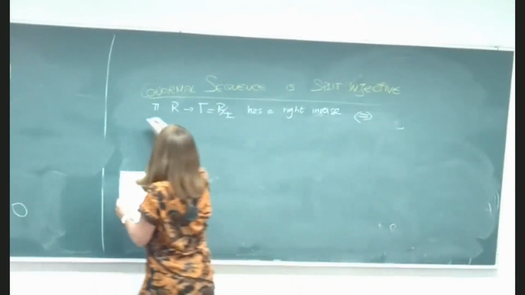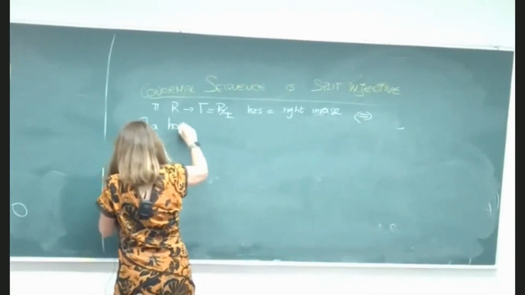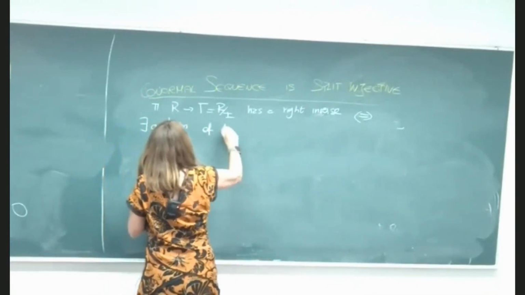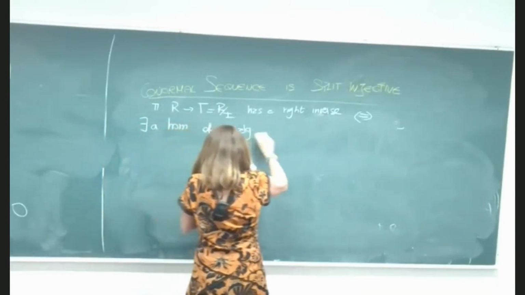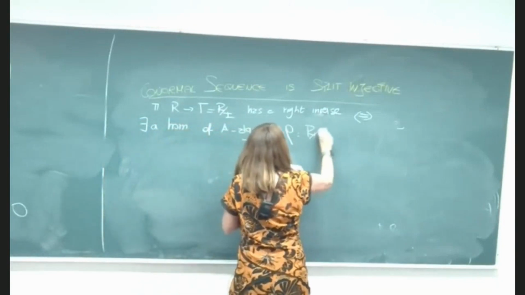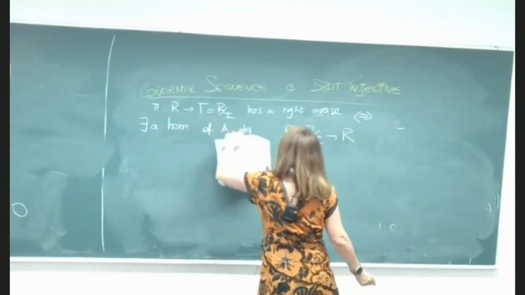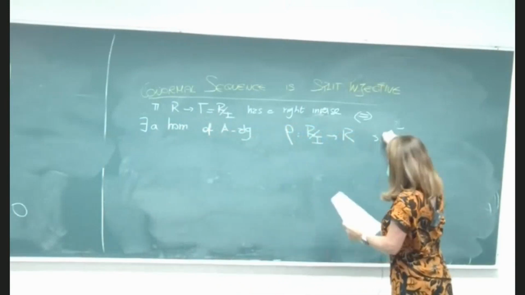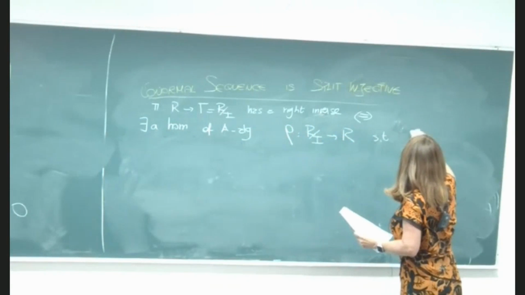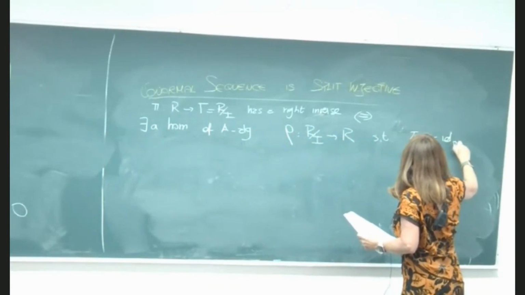It means that there exists a homomorphism of A algebras, rho, that goes from R over I to R, such that pi after rho is the identity on R mod I.